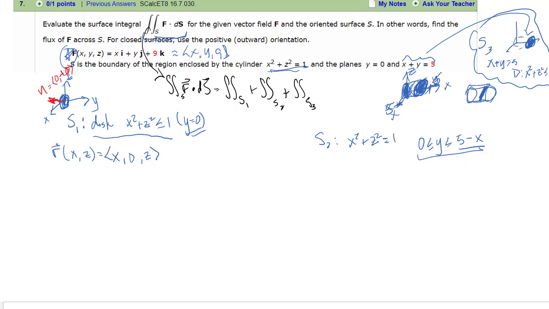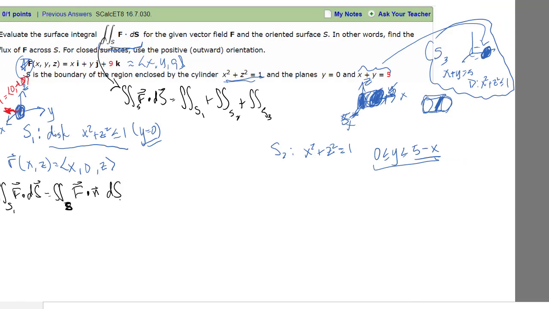So if I let x and z equal to 0 and y equal to negative 1, I have my normal vector that I want. And then let's just remind ourselves that the flux integral can be rewritten as a double integral over some domain D of F dotted with n, the normal vector. And then this becomes a surface integral.